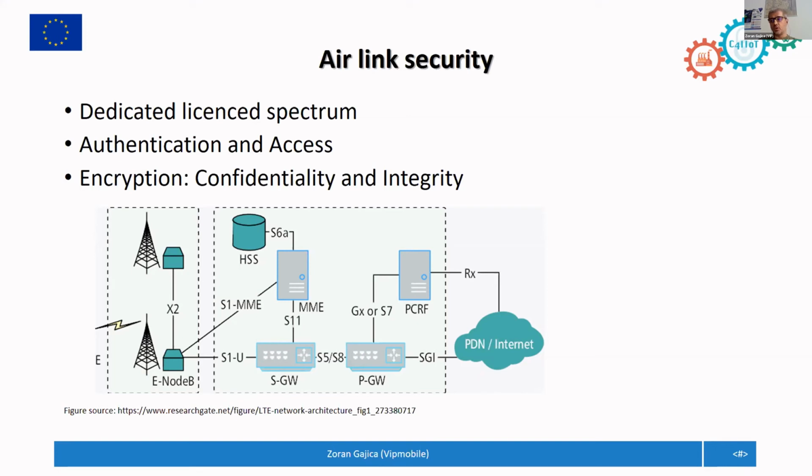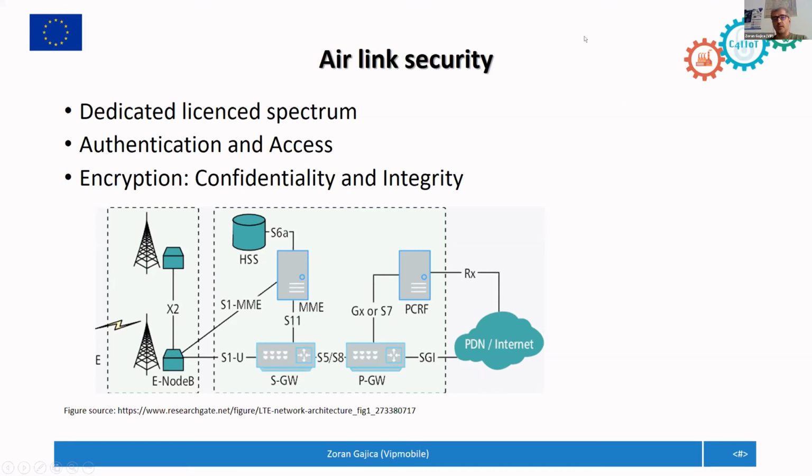When we are talking about authentication, this is a process known as AKA, authentication and key agreement. It is in some way inherited from the previous radio access network technologies, but also enhanced.